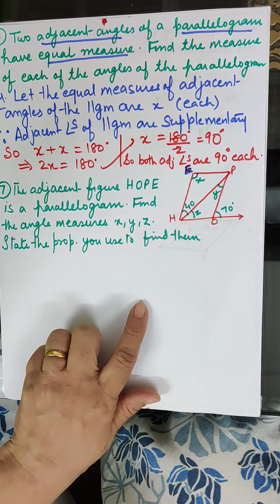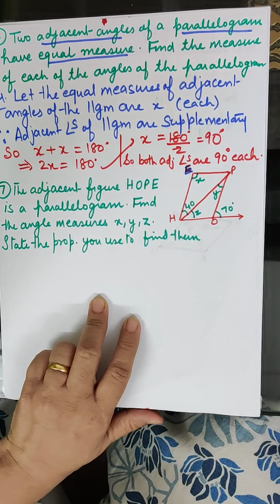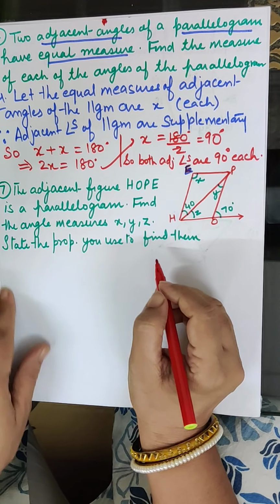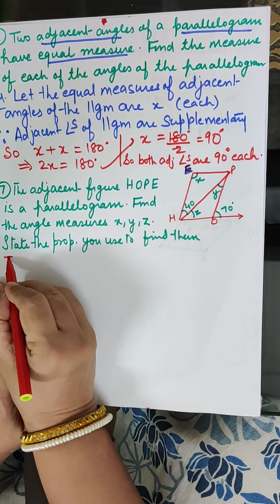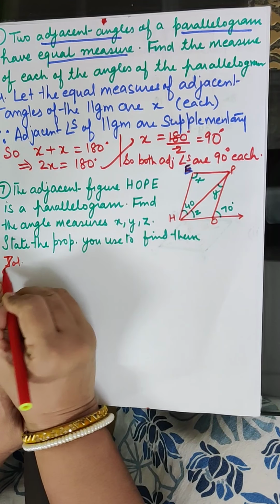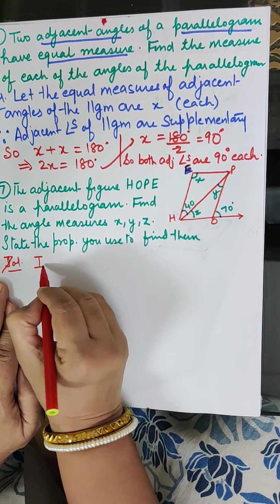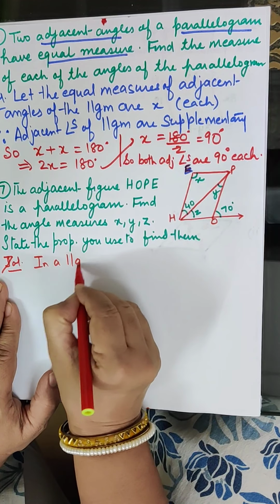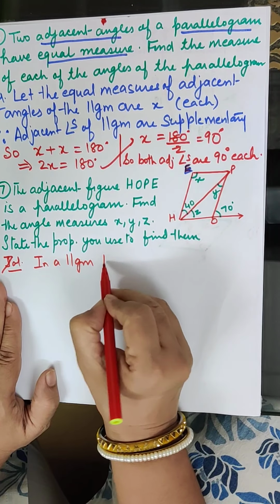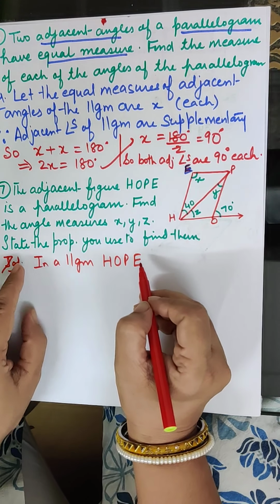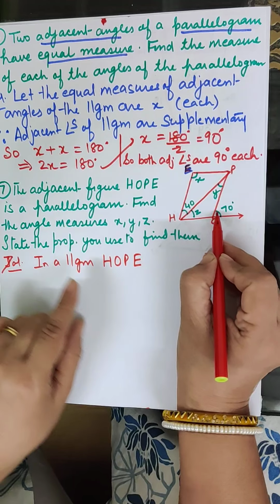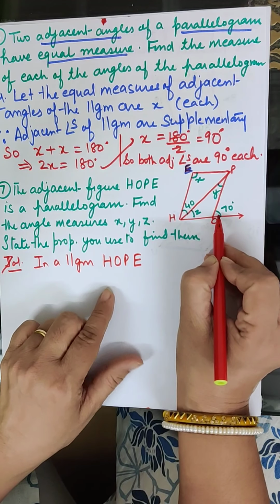Now, what is given to us? This is a parallelogram. In the parallelogram HOPE, this angle is 70 degrees.